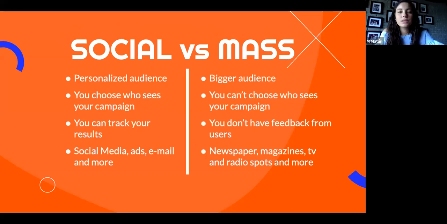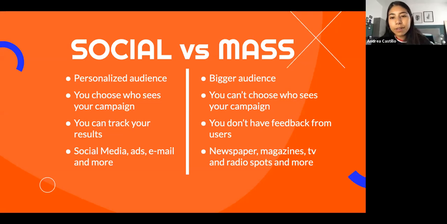So in social, you can have a personalized audience. You can choose who sees your campaign and where. You can also track your results, have feedback, insights, what they're seeing, what not, when they're stopping, etc. And some examples of these are social media, ads on your own sites, email marketing, and a lot more.